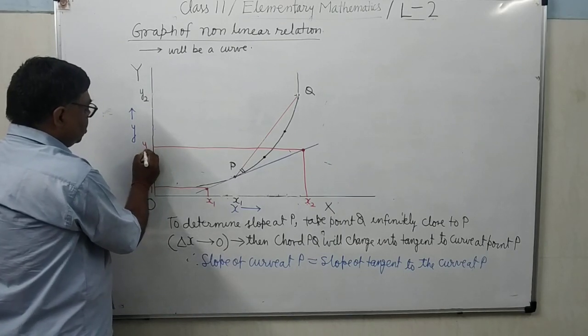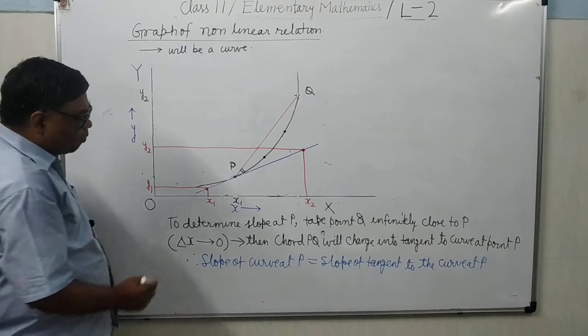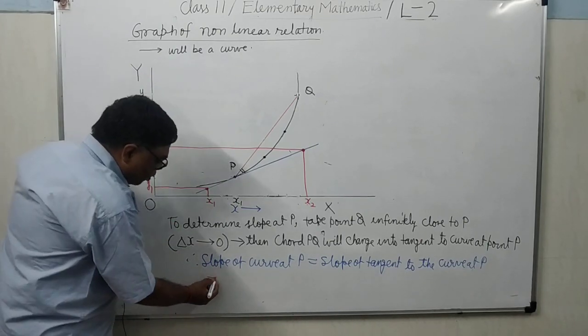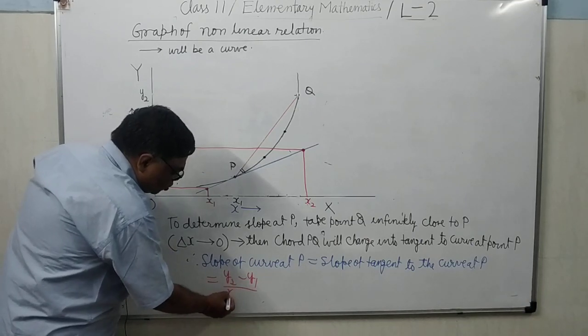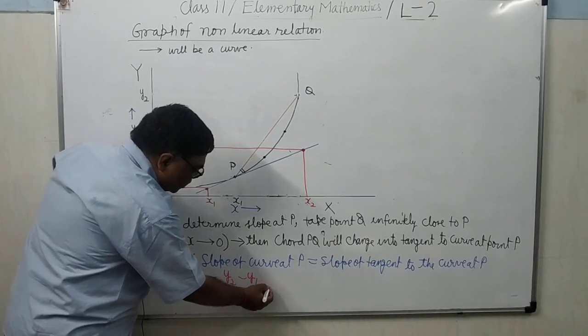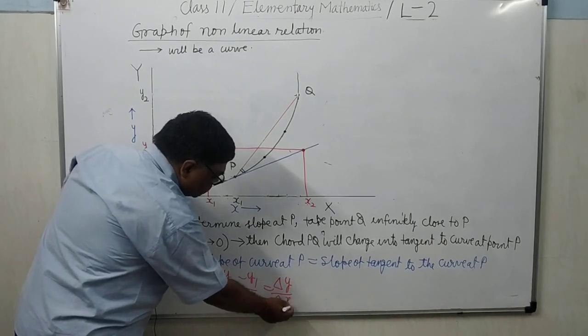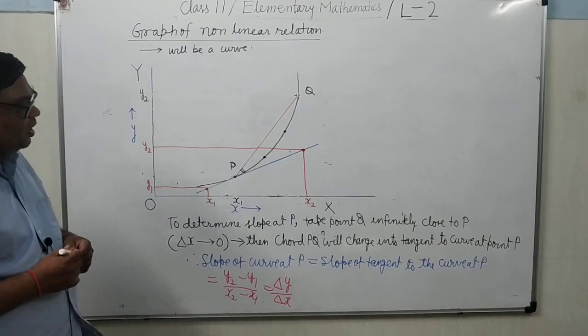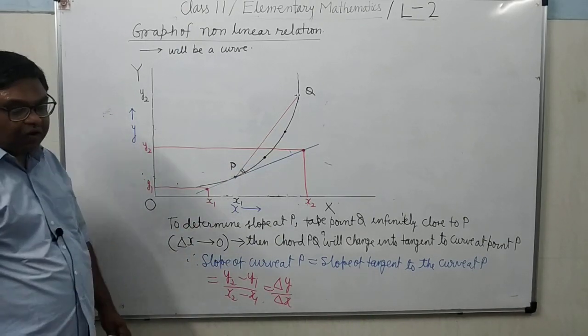This is y2. It is clear. And then what is the slope of tangent? Slope of tangent in the same way, y2 minus y1 upon x2 minus x1. That is delta y upon delta x. This tangent is a straight line, therefore it will have the uniform slope.